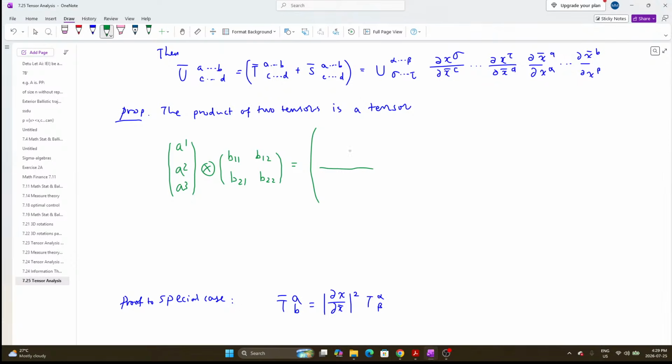Basically, you can think of the first vector times b11. So you get a1 b11, a2 b11, a3 b11, and then a1 b12, a2 b12, a3 b12.